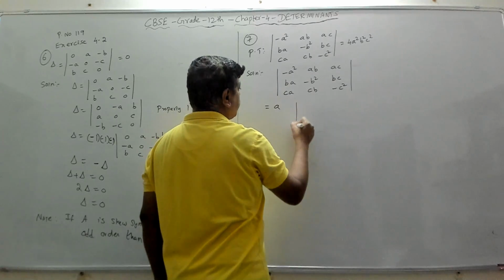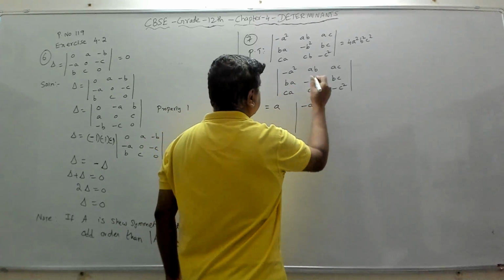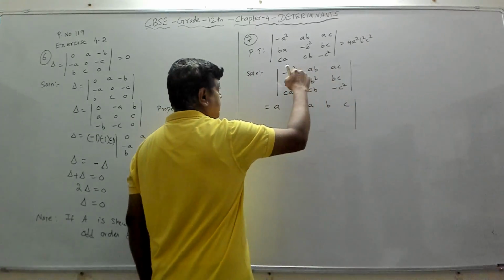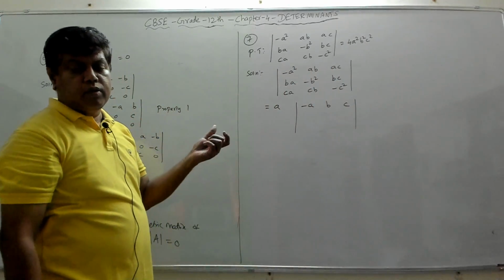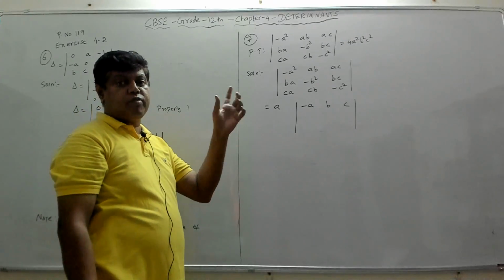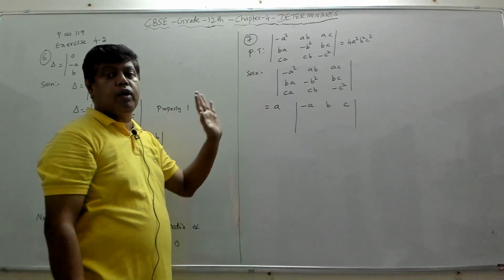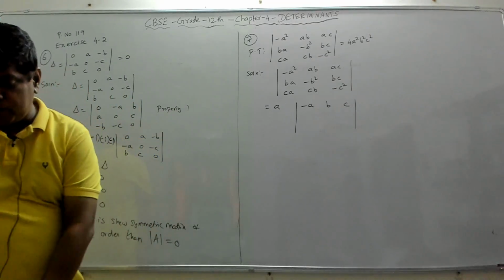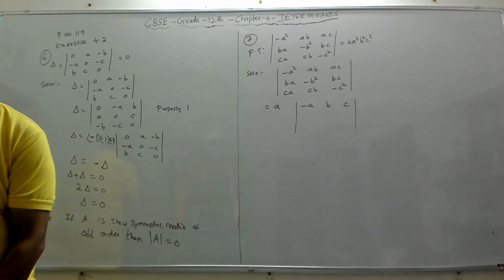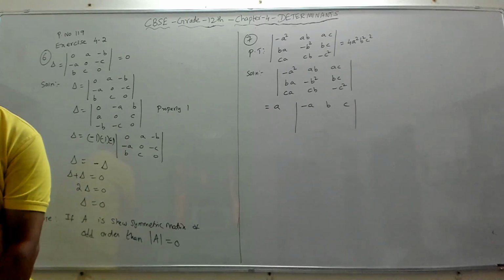I can take a out, then this will become minus a, b, c, because a is present in each element of the row. If a constant k is present in each element of a particular row, then that can be taken out of the determinant. That is your property 4.